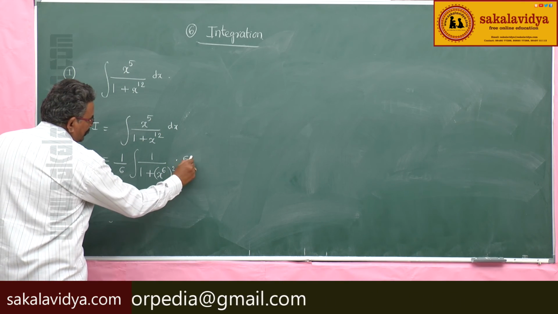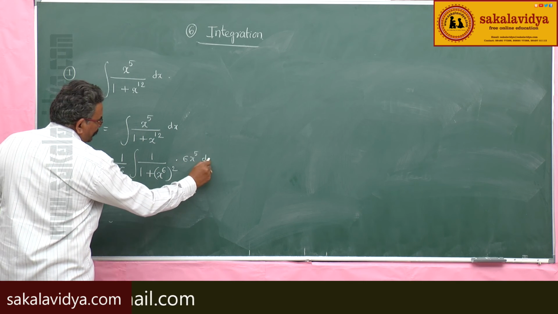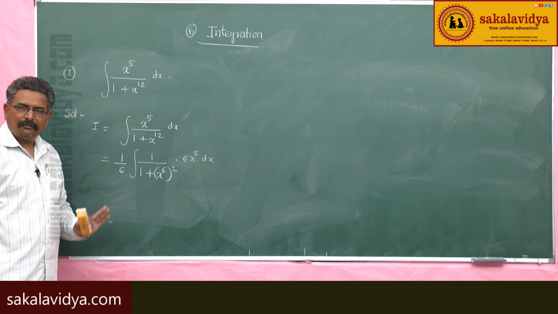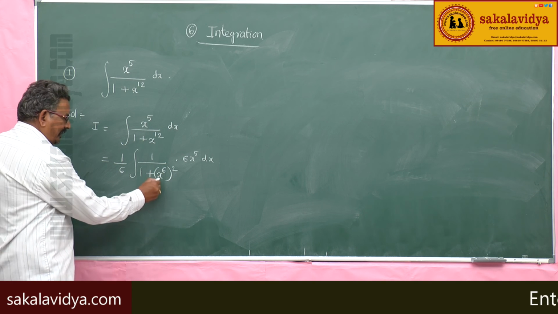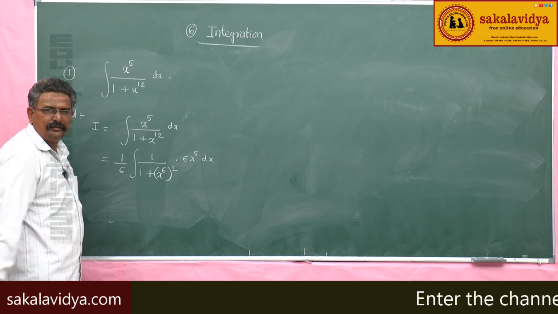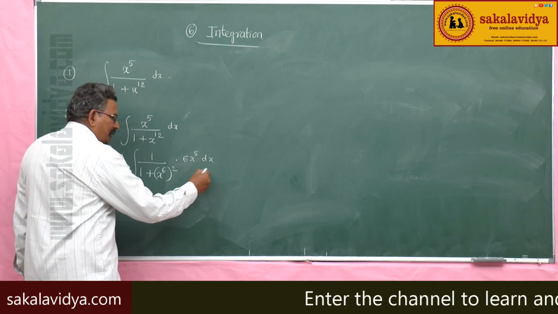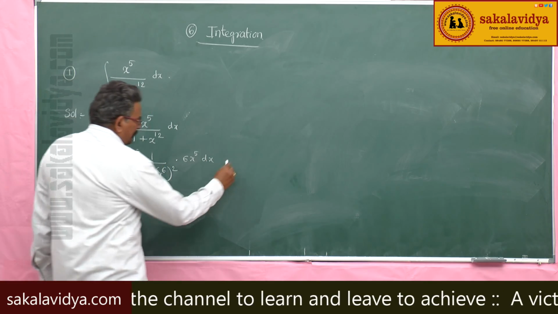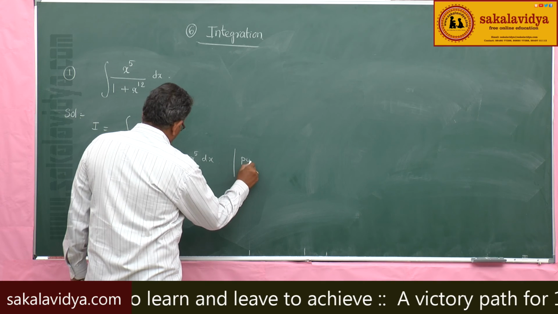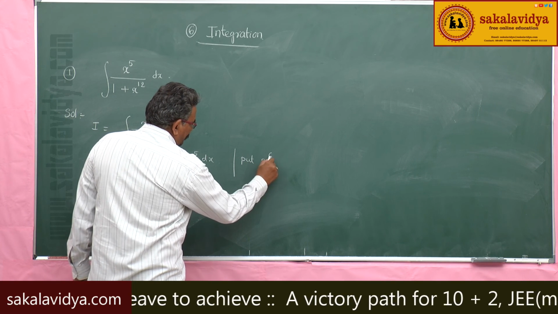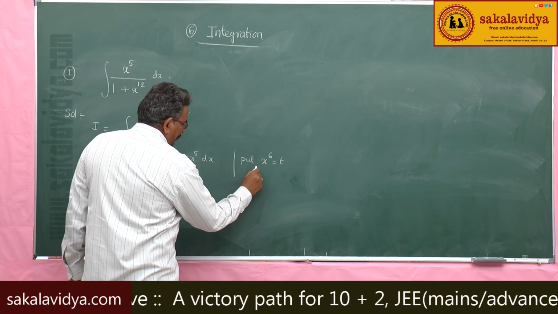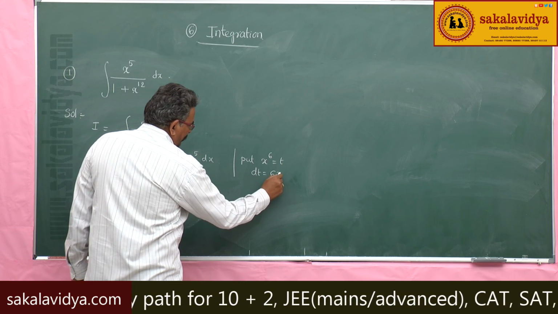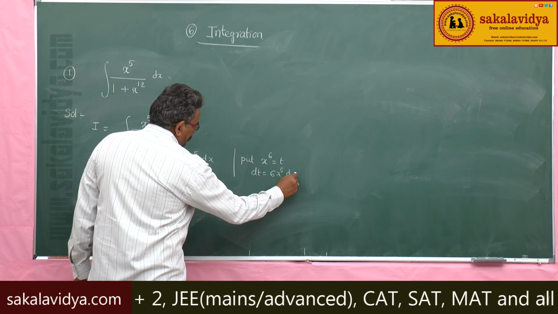This is 6x to the power of 5 dx. Suppose if you say x to the power of 6 is equal to t, then 6x to the power of 5 dx becomes dt. So, that means put x to the power of 6 is equal to t, then dt is equal to 6x to the power of 5 dx.